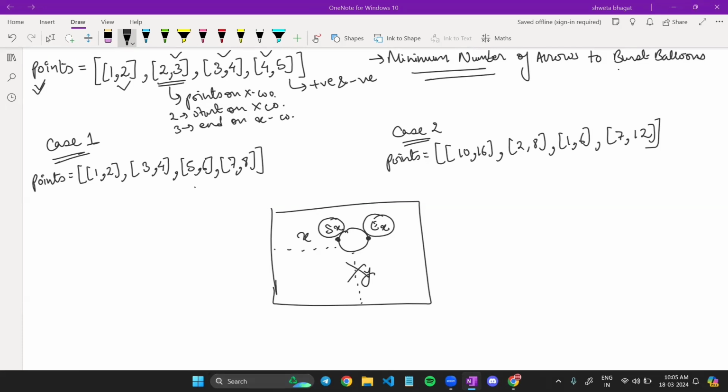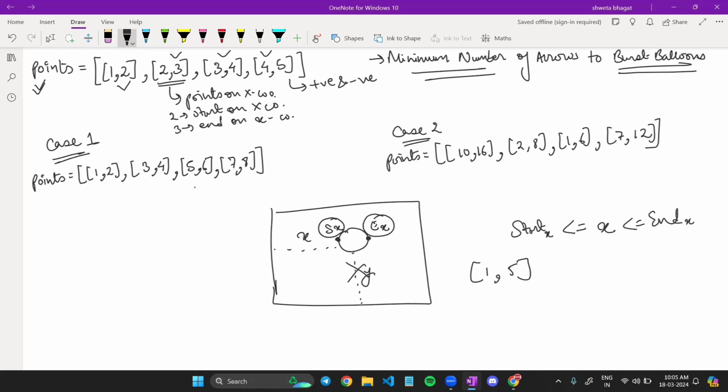Now, what is the condition to burst a balloon? We can burst a balloon if we shoot an arrow at a point x such that this x is greater than equal to the start coordinate on the x-axis and is lesser than equal to the end coordinate on the x-axis. So let's say I have been given a balloon in the interval 1 to 5.